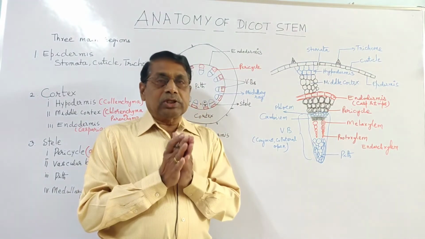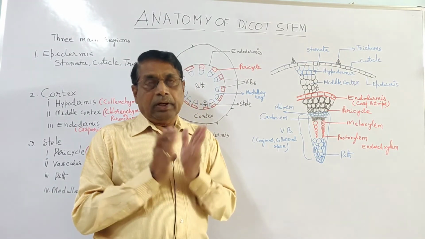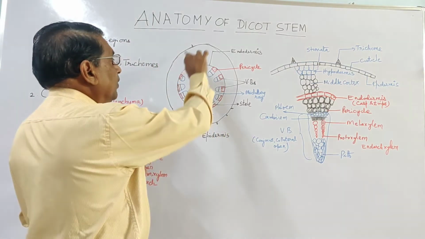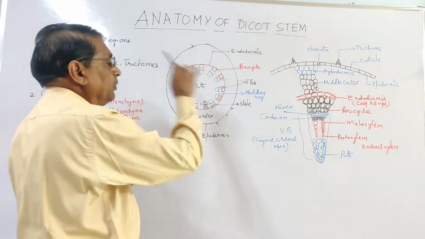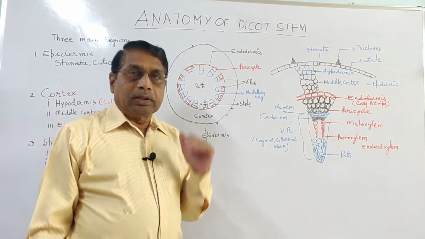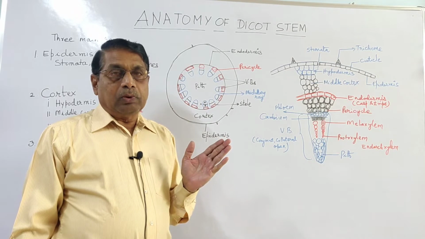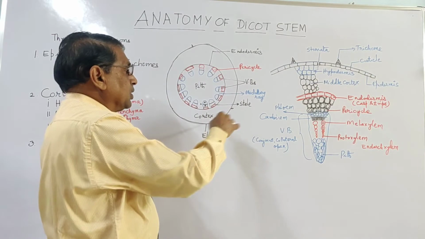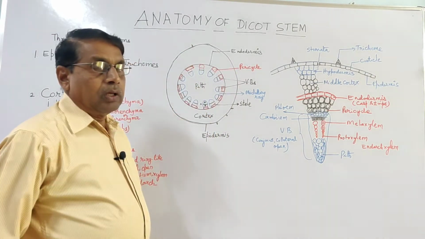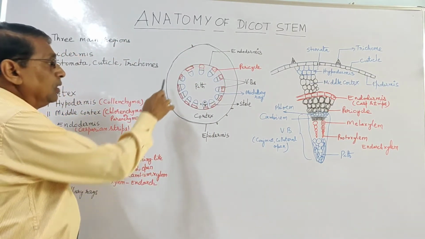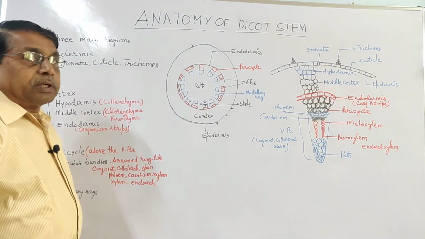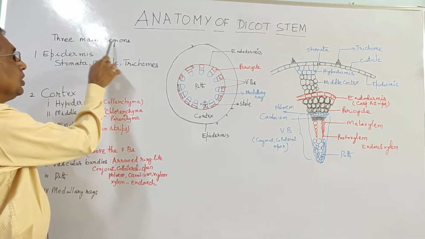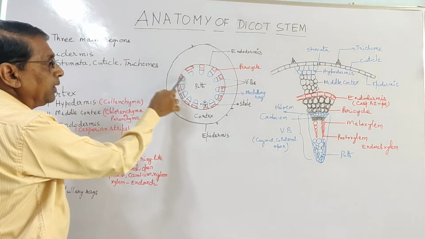If you prepare the section properly and observe under the microscope, the outline will be like this. If you see the section under the dissecting microscope or low power of the compound microscope, you will be seeing the section like this. This internal structure of the dicot stem can be differentiated into three main parts, three main regions.